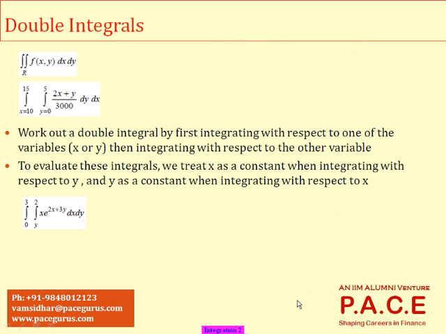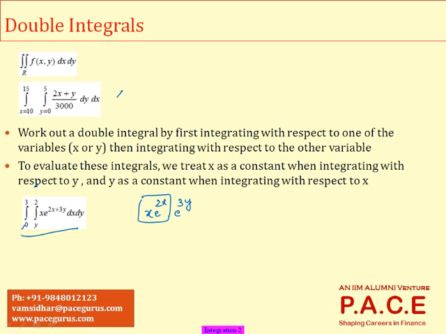Now let's take one more example to get a clarity. So take this example here. So you can very well write this as x into e power 2x into e power 3y. So these are all x terms. So when you are integrating them with respect to x, they are variables.